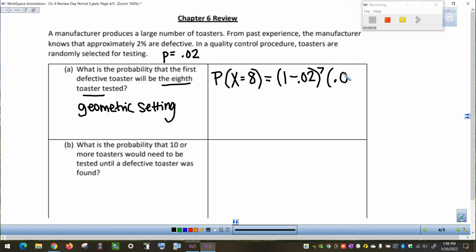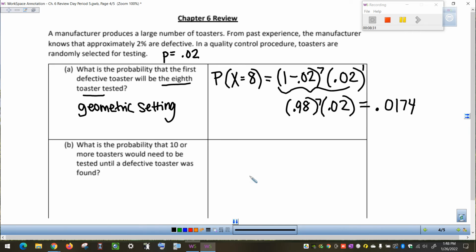And then multiplied by the probability that it is defective, which is 0.02 for the actual 8th toaster. And really that would be 0.02 up to the first power. So the first 7 are not defective, the 8th one is. And so that ends up being about 0.0174.